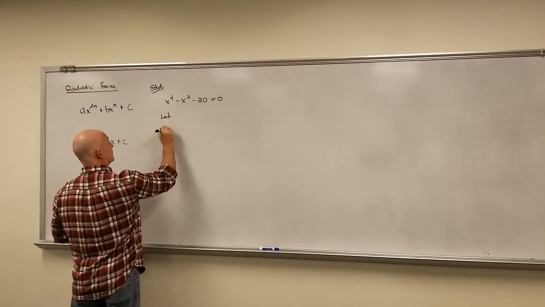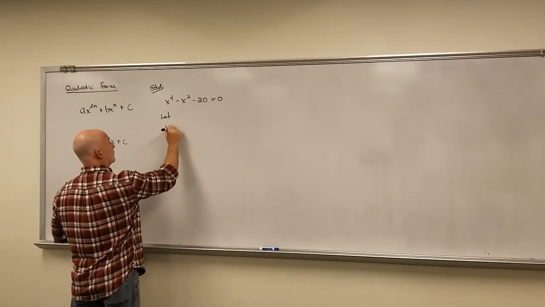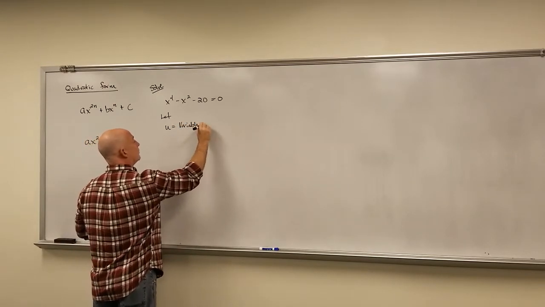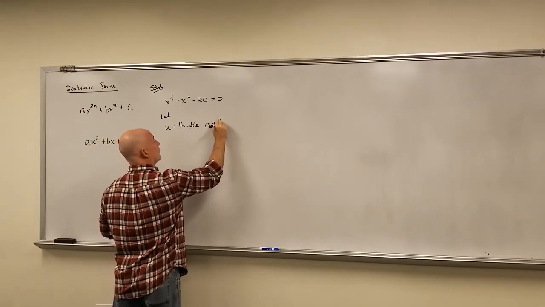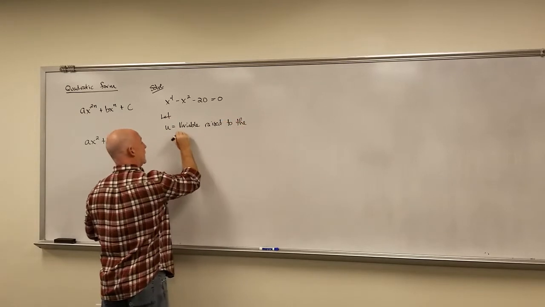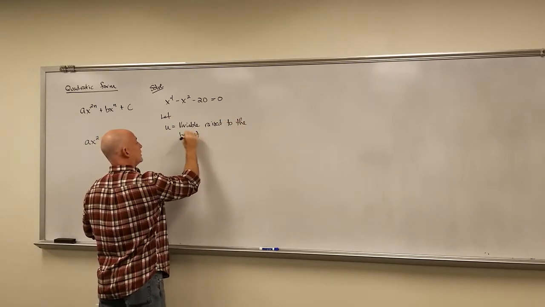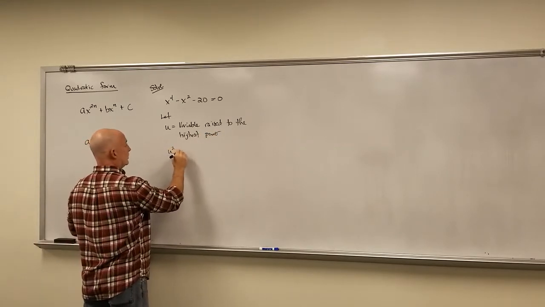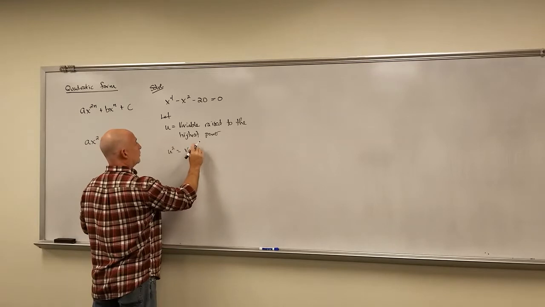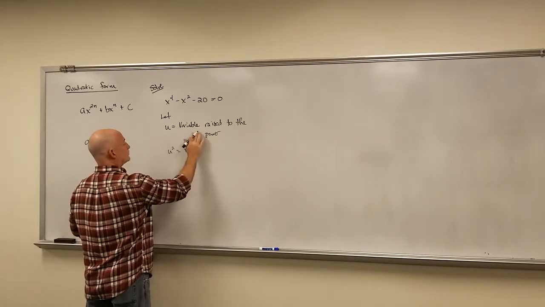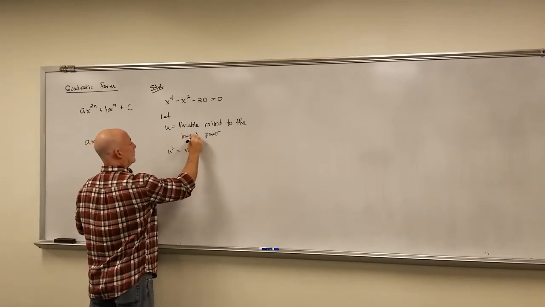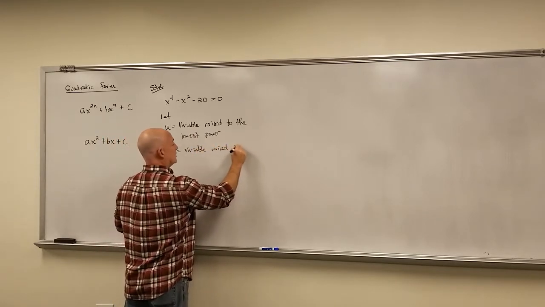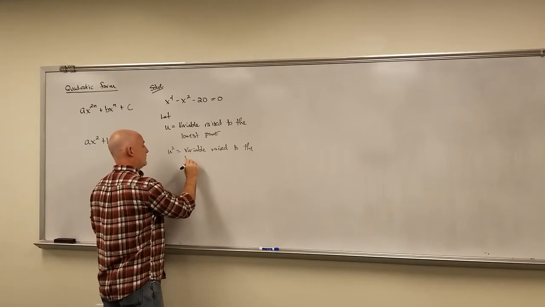We're going to say let u, or whatever letter you want, equal the variable raised to the lowest power. If that's true, that means u squared will be the variable raised to the highest power.